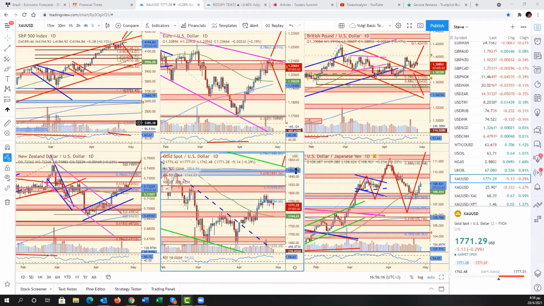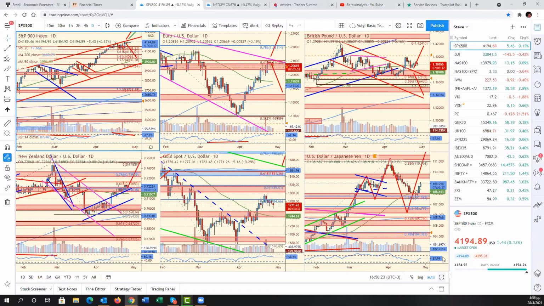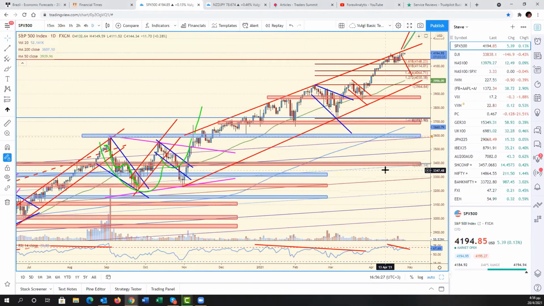Well, look, equities are going higher now again. Who would have guessed? Having said that, technically speaking, ahead of an event like today, we're very, very close to resistance. So technically speaking, somebody could make an argument that being short here ahead of the Fed makes sense.